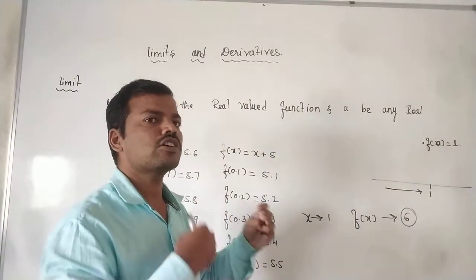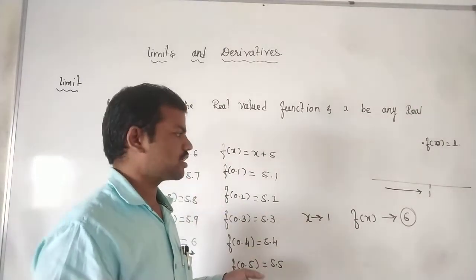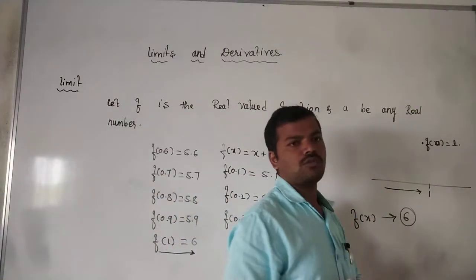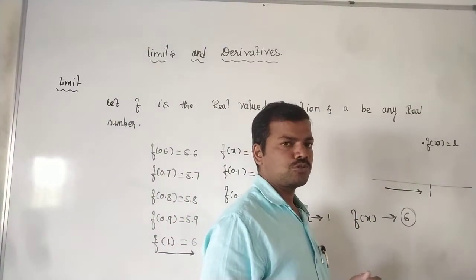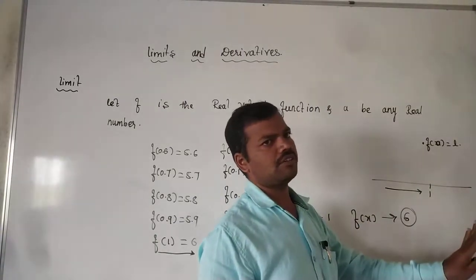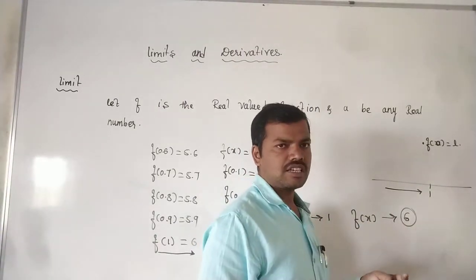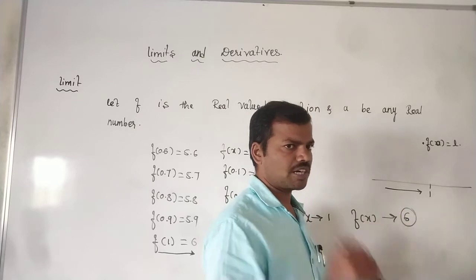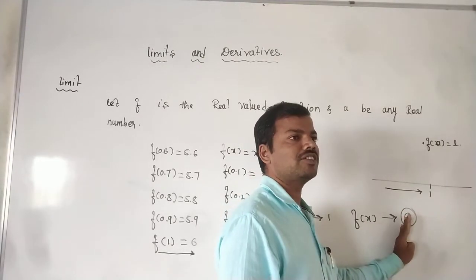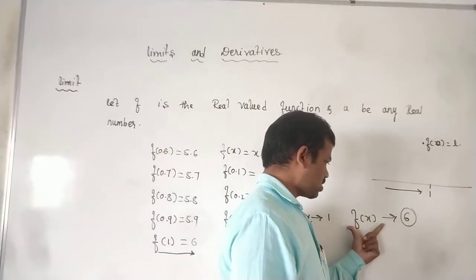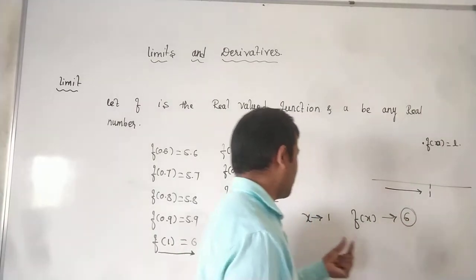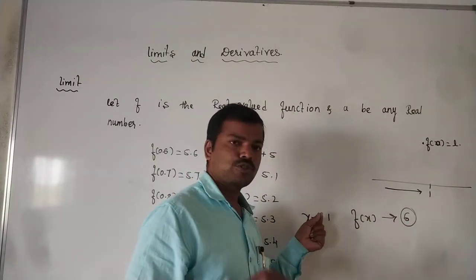So it cannot cross 6 when we approach 1. ಹತ್ರ ಬಂದೇವಿ ಅಂದ್ರೆ ಅವಾಗ ನಮಗೆ ಏನಾಗುತ್ತೆ 6 ಆಗುತ್ತೆ. ಬಟ್ 6 ಅನ್ನು ಕ್ರಾಸ್ ಮಾಡಕ್ಕೆ ಬರಲ್ಲ. That is the limit of that function. So ಈ ಫಂಕ್ಷನ್ ದ ಲಿಮಿಟ್ ಏನ್ರಿ 6 when x is approaching 1.